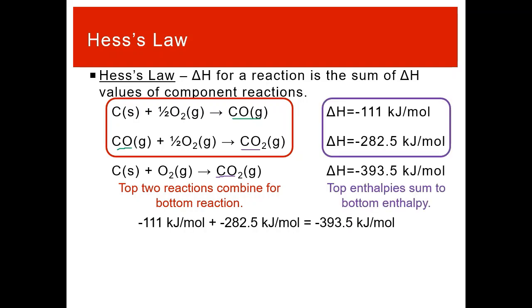On the other side, the enthalpies of the small changes add up to give you the overall enthalpy change of the big change. So this is what Hess's law is saying: if you have small chemical changes that combine into a bigger chemical change, the enthalpy for that bigger chemical change is the sum of the enthalpies of the small chemical changes.